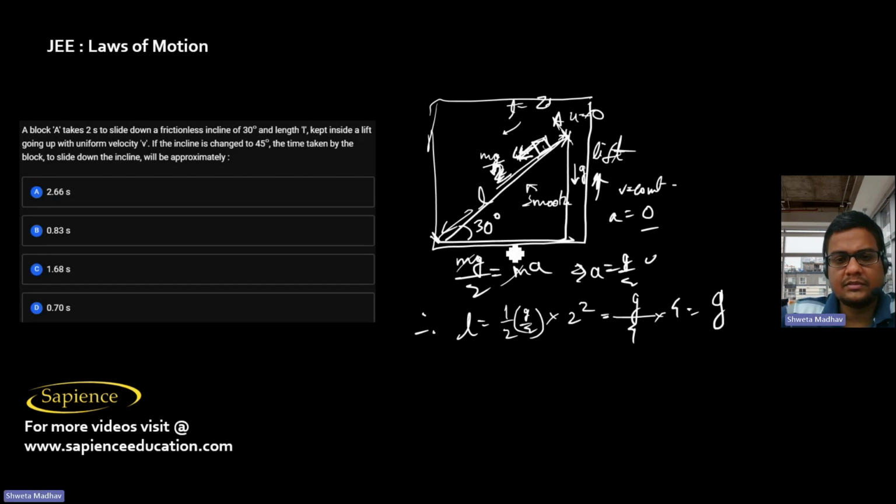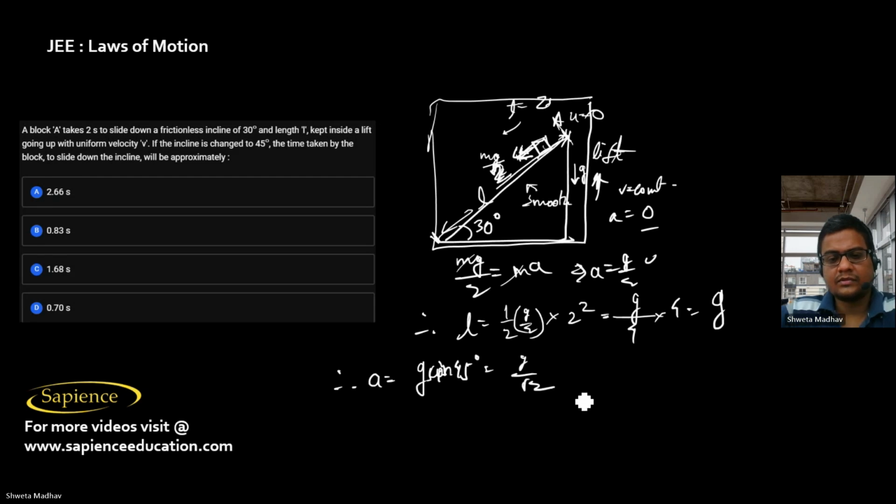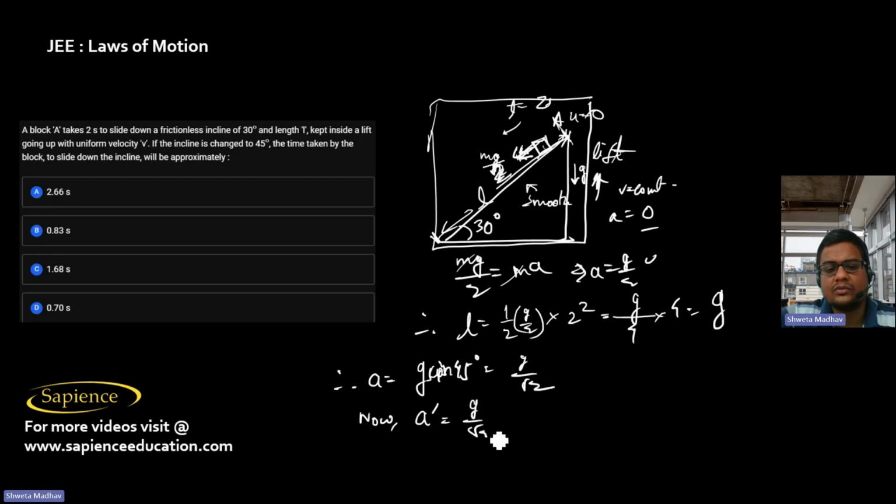Now, if the angle is made 45 degrees, then the acceleration will be equal to g sine 45 degrees, which is equal to g by root 2. So the new value of acceleration a dash is g by root 2.